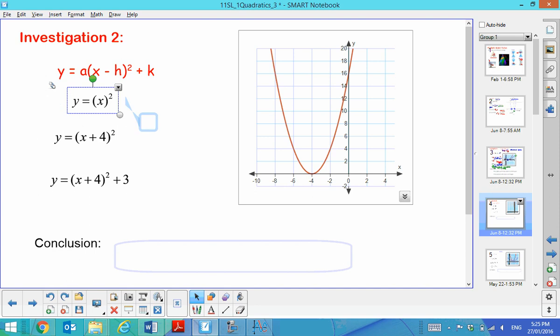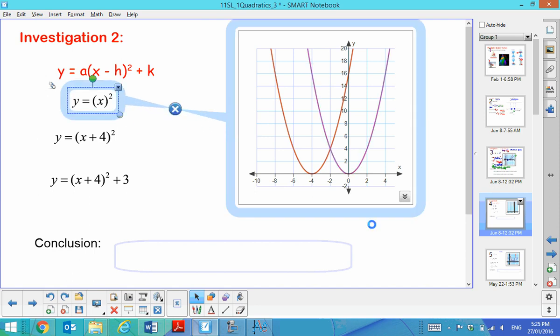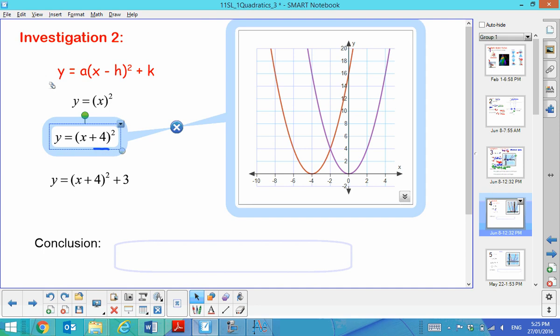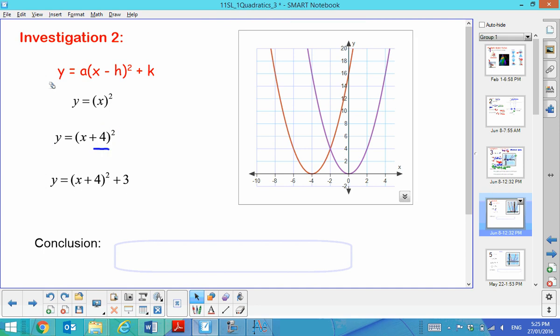If we look and graph just our y equals x squared, just plain without any h or k, we see we get our nice normal quadratic equation. Once I introduce a plus 4, what can you see has happened to the equation? We see we've got a shift across.